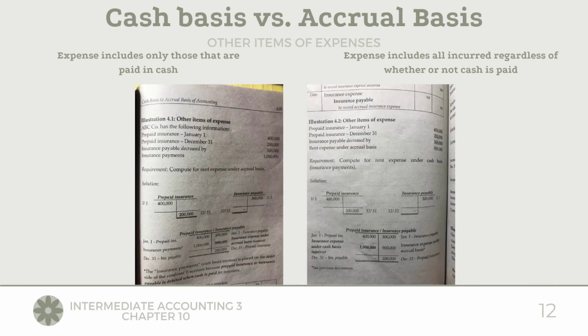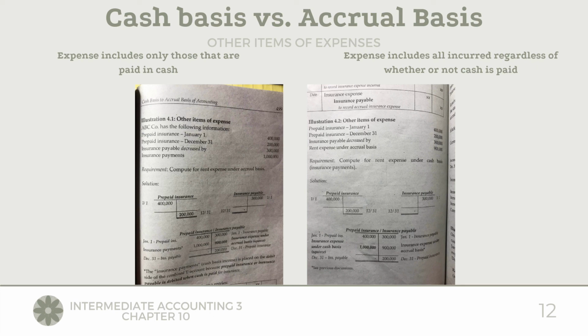Ito naman yung illustration ng pag-compute ng other items of expense using accrual basis. So, same procedure sila ng other items of income. Kaya una, gagawa ka muna ng T account and then combine the two T accounts.